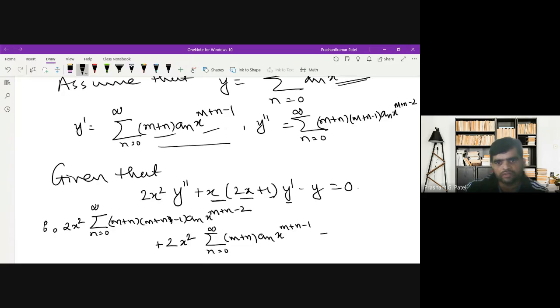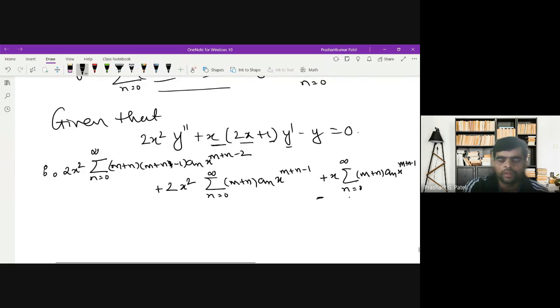So that's why it is plus x into summation n running from 0 to infinity (m plus n) a n x raised to m plus n minus 1, minus y, that is summation n running from 0 to infinity a n x raised to m plus n, equal to 0.